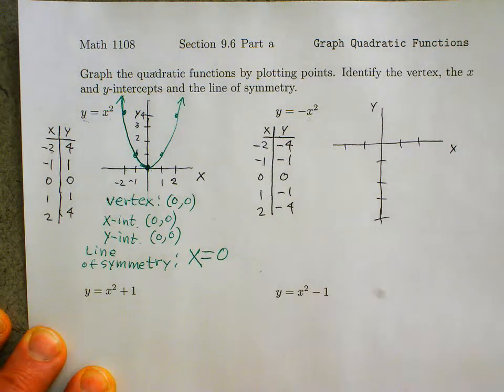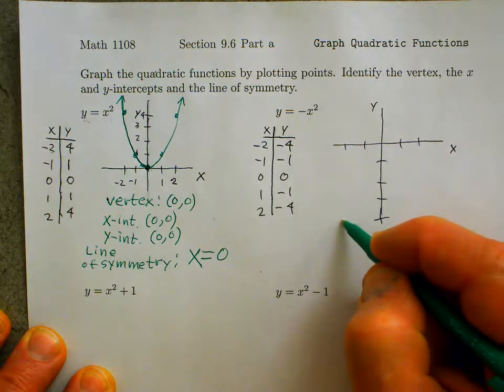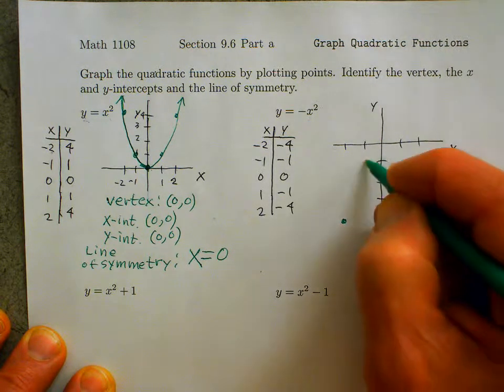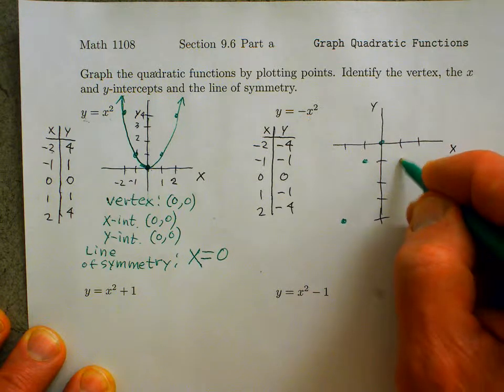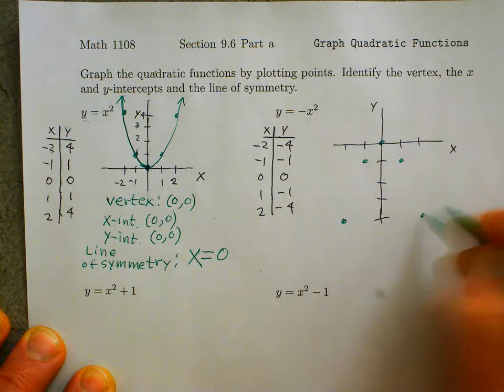Okay, so this time the parabola opens down. -2, -4, -1, -1, 0, 0, 1, -1, and 2, -4.